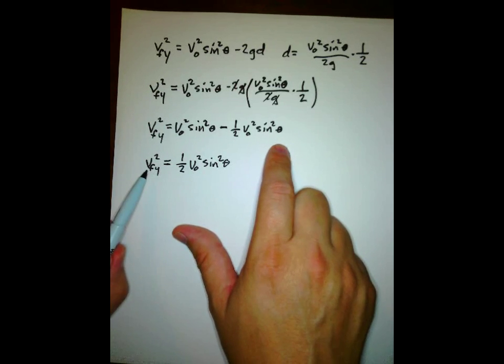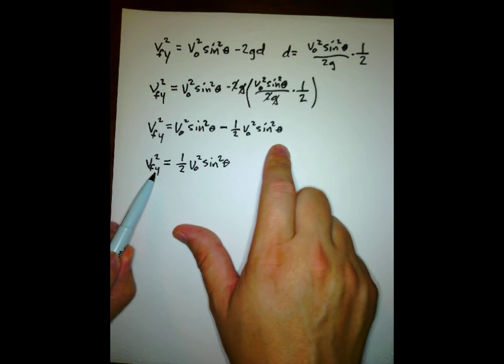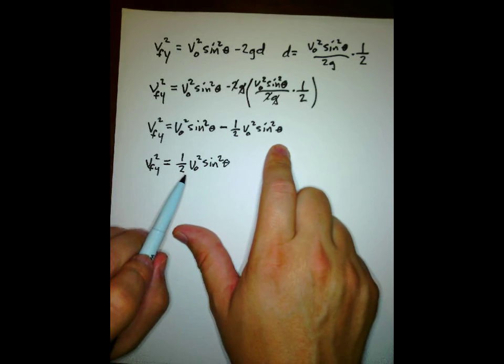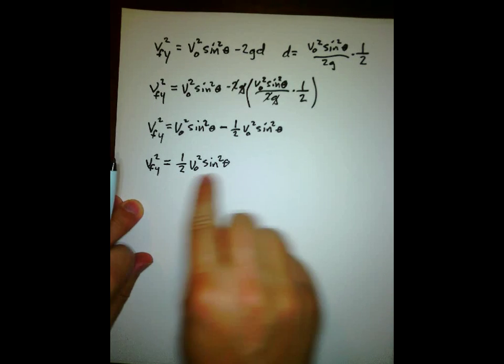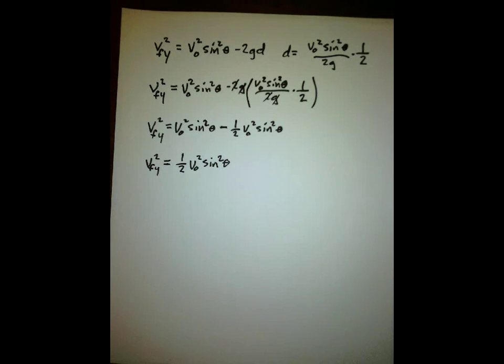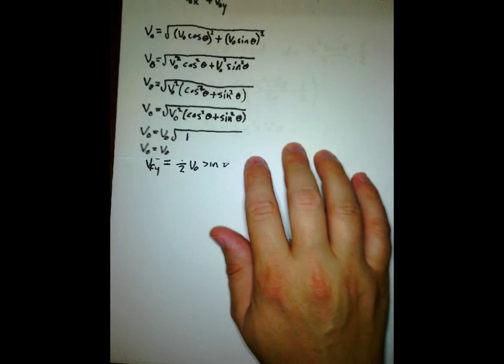Alright, so here is my final y velocity, or vertical velocity, at half height. This is it. So, you remember this that I did before.